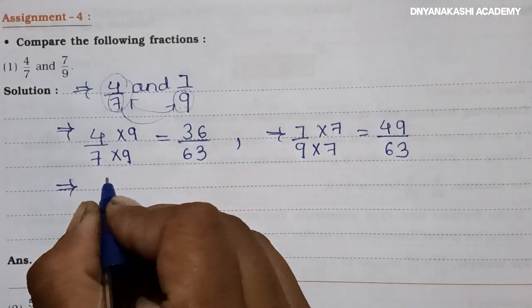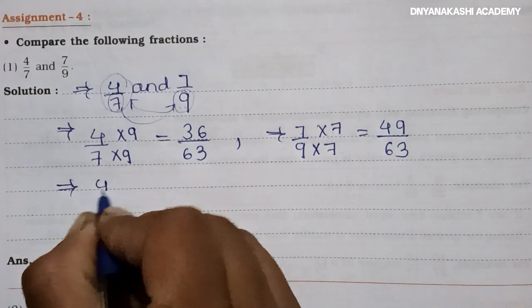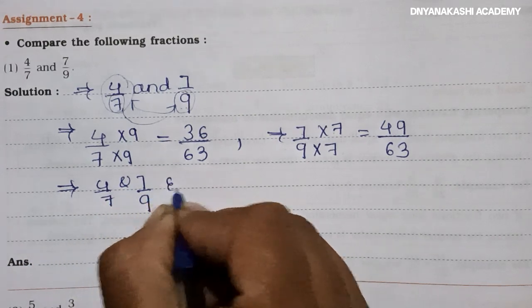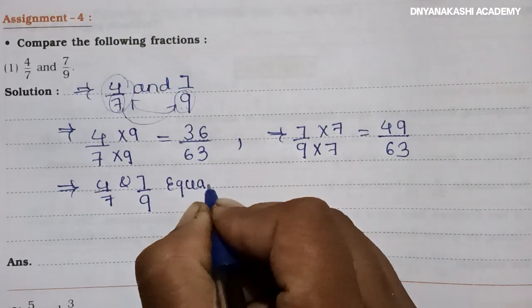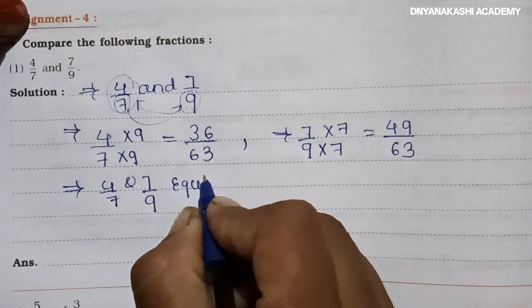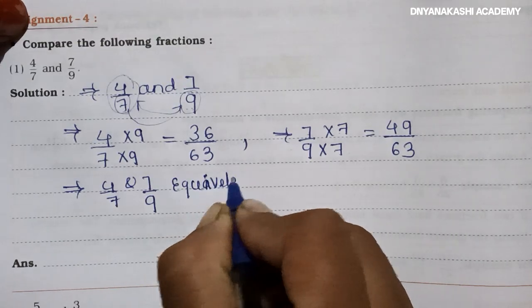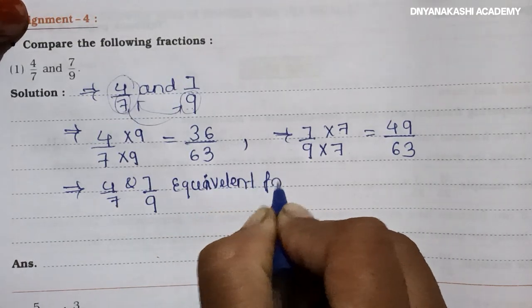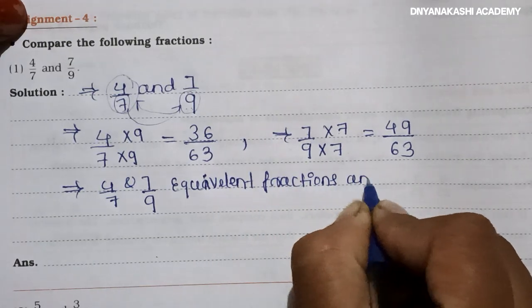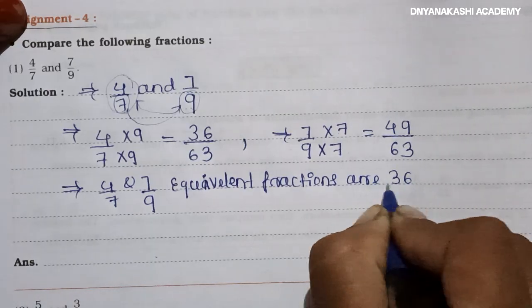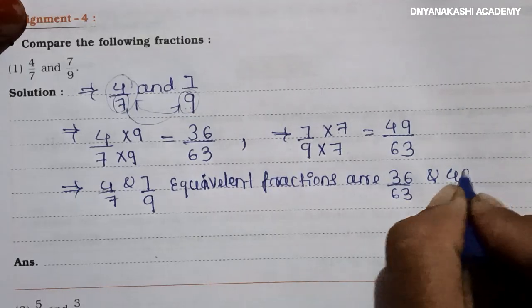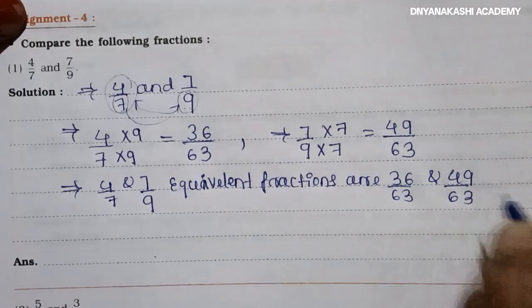The equivalent fractions of 4 by 7 and 7 by 9 are 36 by 63 and 49 by 63.